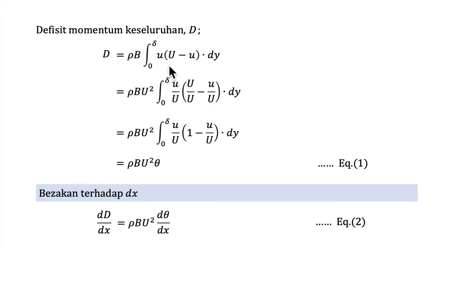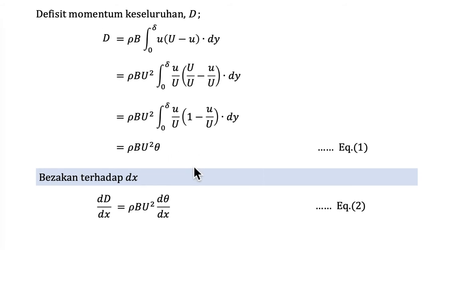Then we rearrange the terms by adding U square, so we could put U square over U square. We bring the over U square here, and then we could simplify this term into u over U times (1 minus u over U). This equation must look familiar to you, because this equation is actually equal to the momentum thickness, theta.